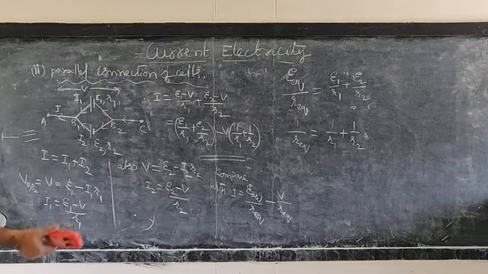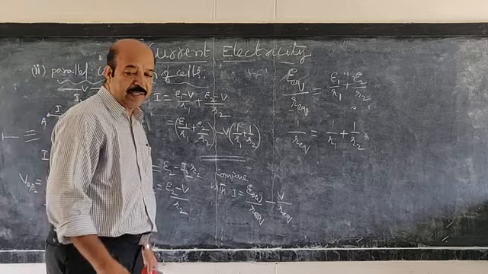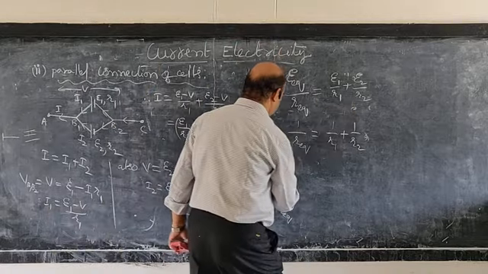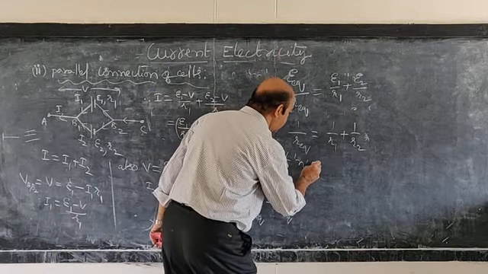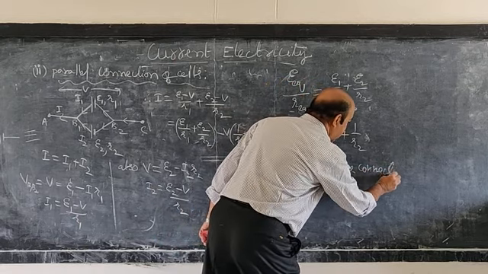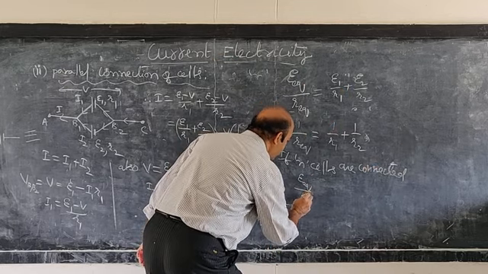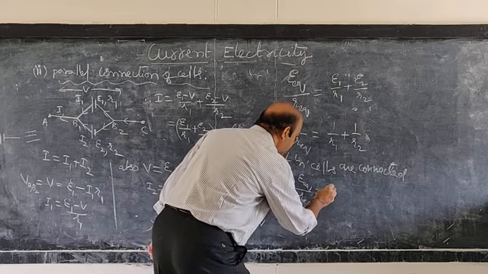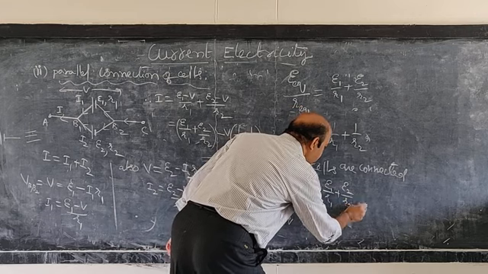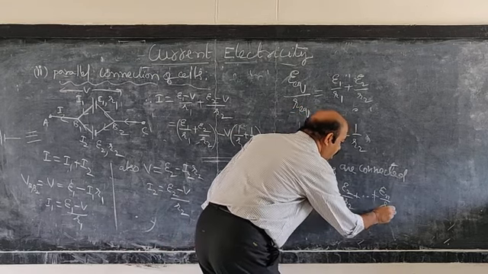Now, if you have several such cells connected in parallel, what is the formula in such a case? If n cells are connected like this, the same formula you can use. Equivalent EMF by equivalent internal resistance is equal to E1 by R1 plus E2 by R2 and so on plus En by Rn.